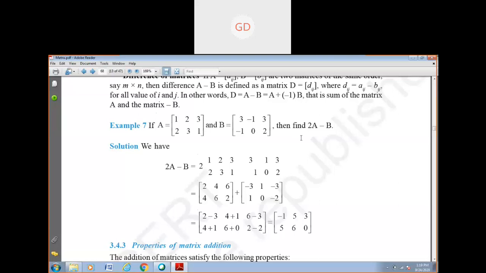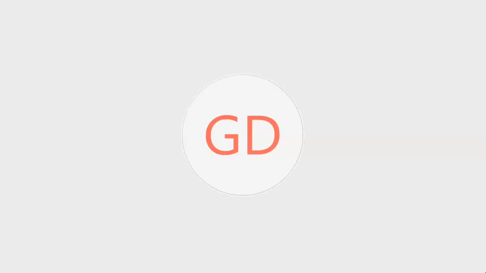We need to find the value of twice A minus B. Again it is a difference of two matrices, but B is ready. A is also given, but twice A is not given directly. So we first need twice A, and then we subtract B from it. That is simple algebra.